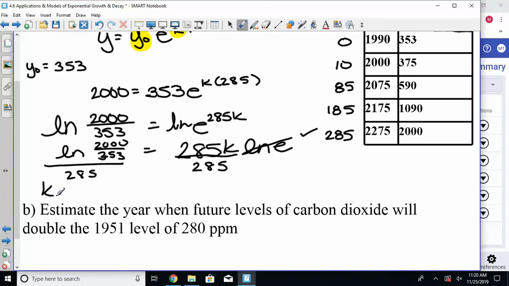So that's what I'm going to put in my calculator. Natural log, parentheses, 2000 over 353. Close my parentheses, all divided by 285.